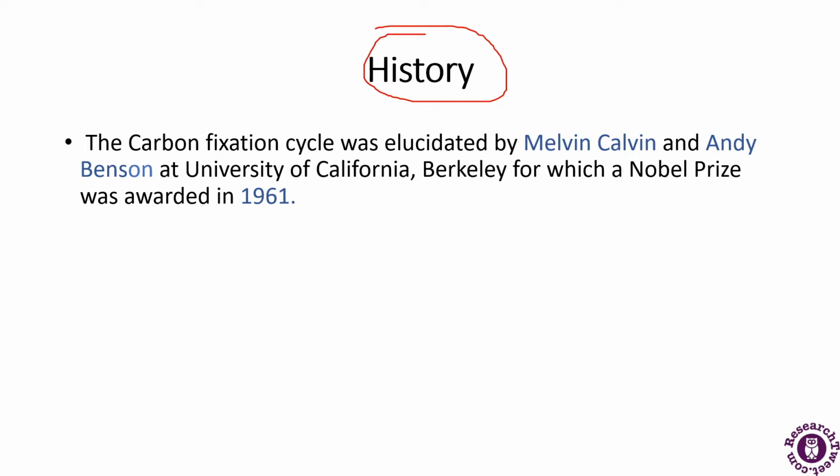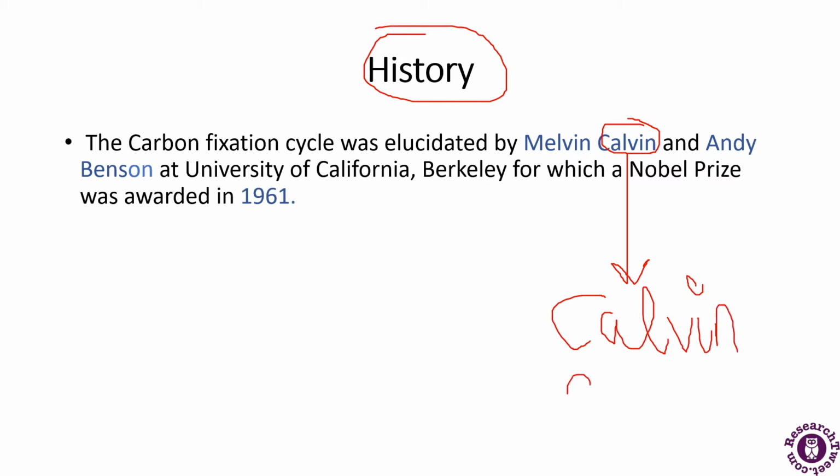So the carbon fixation cycle, as I have already told you, is also known as the Calvin cycle. So the scientist who discovered this cycle was named after him also. So that is why it is known as the Calvin cycle or carbon fixation cycle.